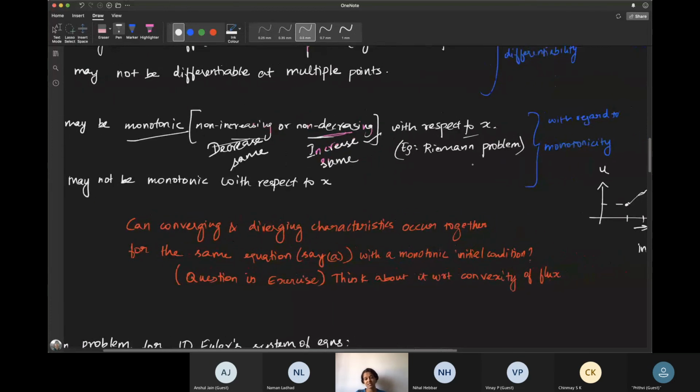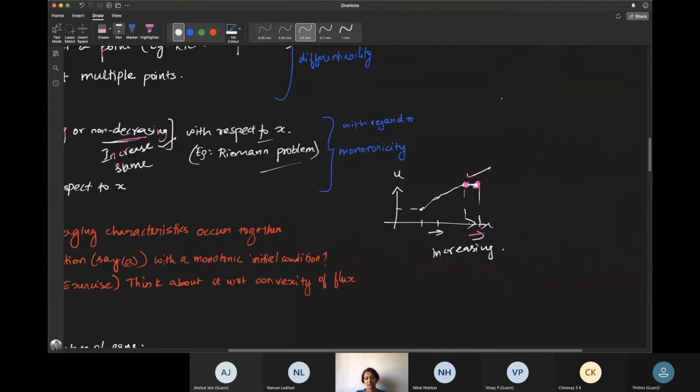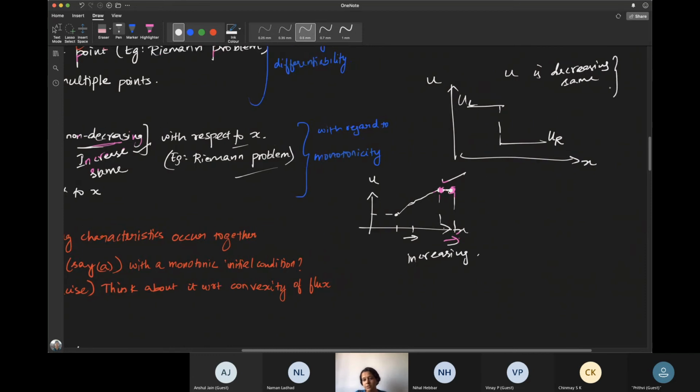An example for this is again a Riemann problem, because in the Riemann problem we had a discontinuity. We had ul and ur, something like this. This is the x-axis and this is your u-axis. So here your u is decreasing and it remains the same. Both are happening, so this is a non-increasing function.